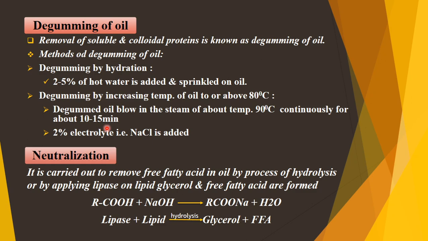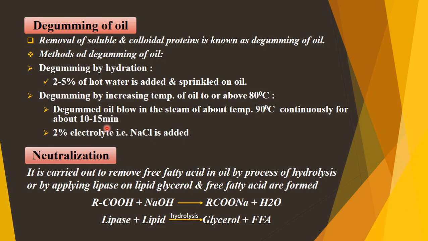The residues leave the oil or settle down at the bottom, using steam rather than hot water. To accelerate the process, 2% of electrolyte, that is NaCl, is added. This is nothing but the degumming of oil.